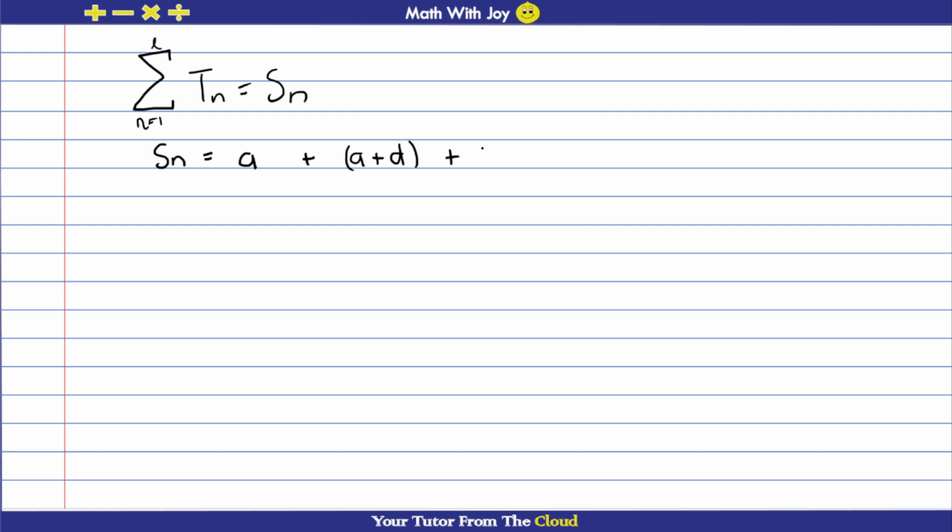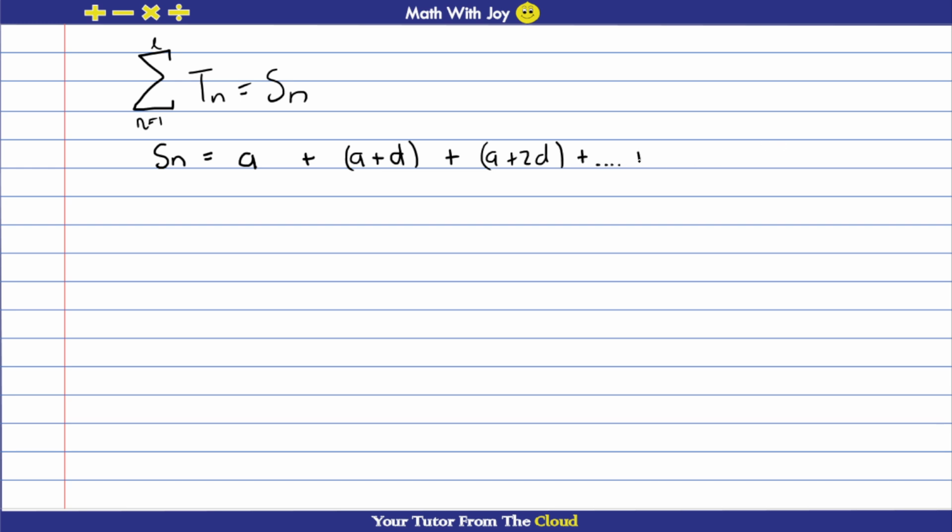You add the third term as well, let's go a plus 2d. Remember, we can write these terms like that. Remember, I told you term 3 is equivalent to a plus 2d. We already learned that.